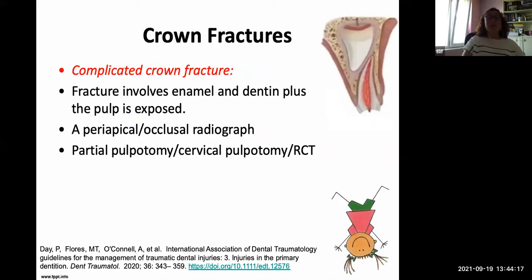In complicated crown fractures, the fracture mostly involves enamel and dentin, and unlike the uncomplicated one, the pulp is exposed. So we need to take a periapical or occlusal radiograph to see the involvement of the pulp, and in these cases, we might do partial pulpotomy, cervical pulpotomy, or root canal treatment.